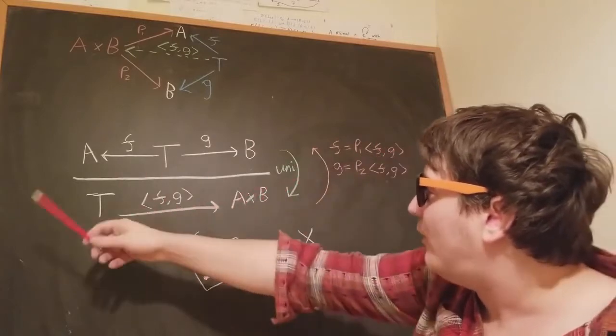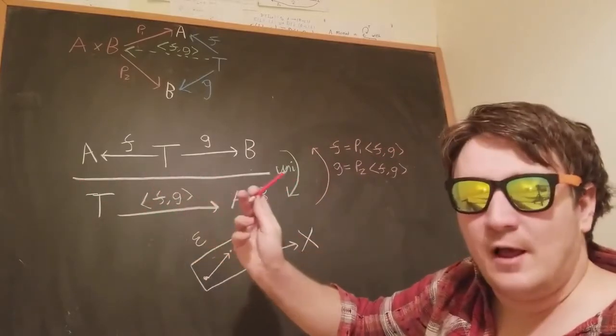What I'm denoting with this horizontal line is that there is an isomorphism.